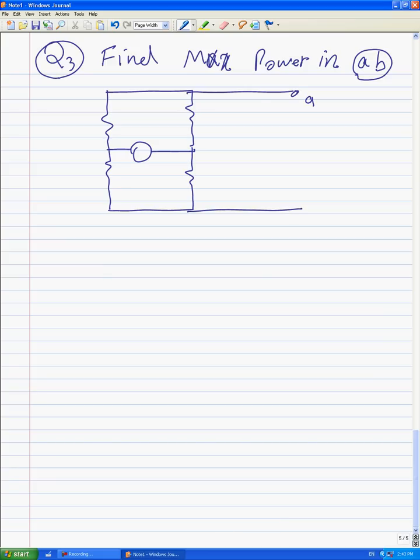We have terminal A here, terminal B here, and also 20 ohms, 90 ohms, 80 ohms, and 10 ohms. And we have 40 volts here, positive here and negative here.